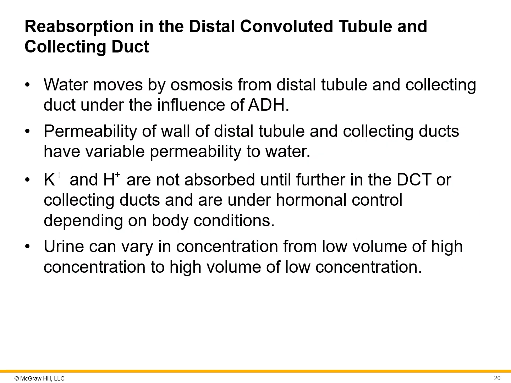Now, reabsorption in the distal convoluted tubule and then into the collecting duct. Again, water moves by osmosis from the distal tubule to the collecting duct. That's based on the influence of the antidiuretic hormone, so the wall is very permeable to water.